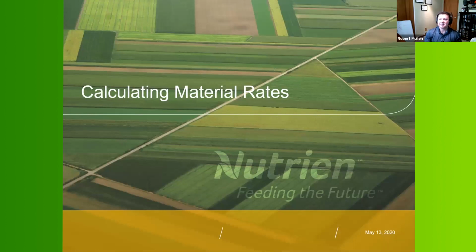So calculating material rates. Let's start here. If you've had a soil fertility class, I don't recall doing this in a soil science class.